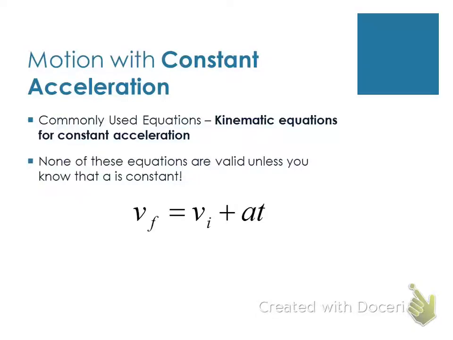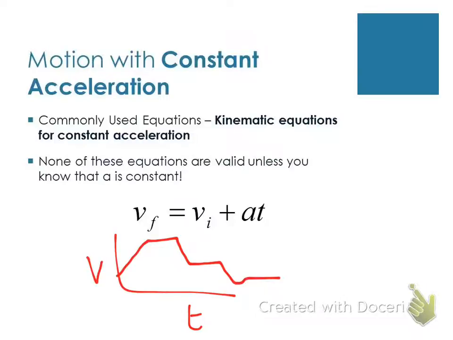So the equations are valid only if we know we have constant acceleration. Okay, so things are moving at a constant, or speeding up or slowing down at a constant rate. So we can only look at constant acceleration portions of time here. Basically, if we have a velocity versus time graph that looks like this, lots of different things going on.